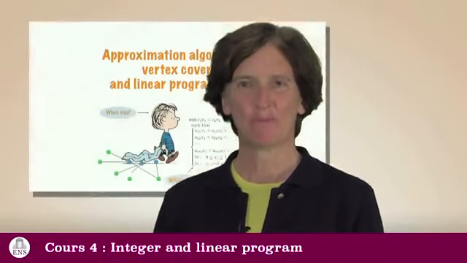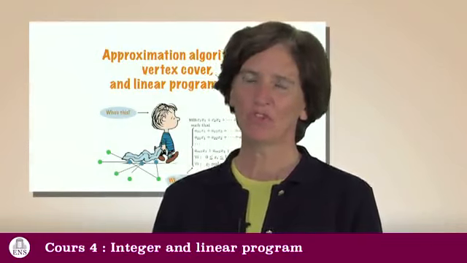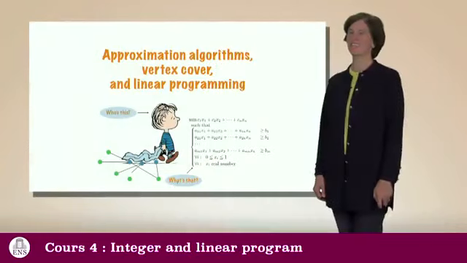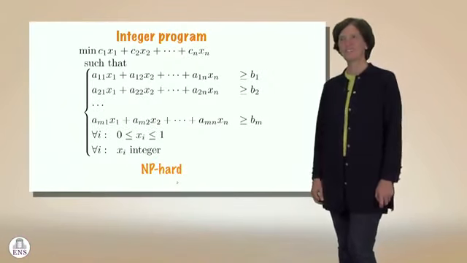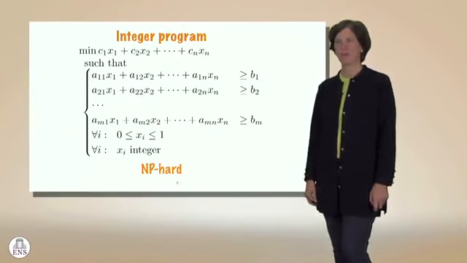We have seen the definition of an integer program for the vertex cover problem. Now, I want to discuss a related linear programming formulation. What is an integer program in general?